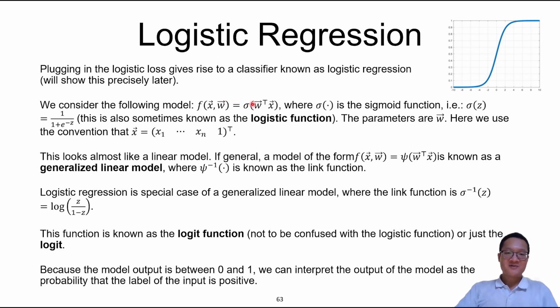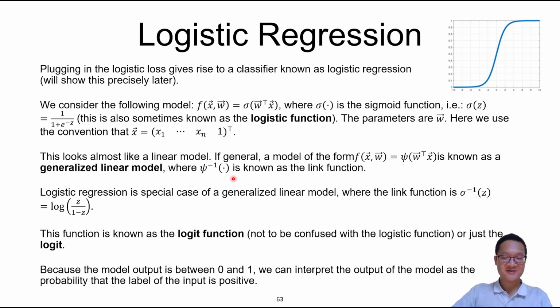So this is almost a linear model. We first do an inner product between our parameters and the input vector, but then we plug the result into some nonlinear function. So a model of this form is actually known as a generalized linear model.